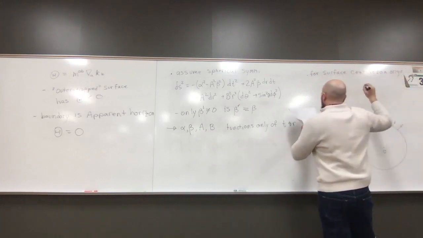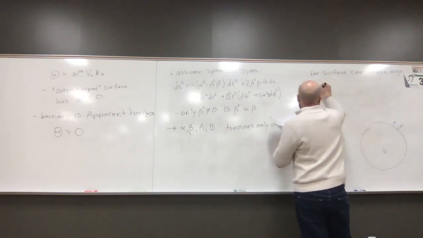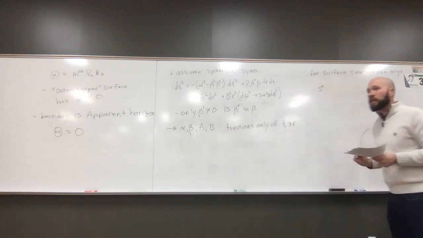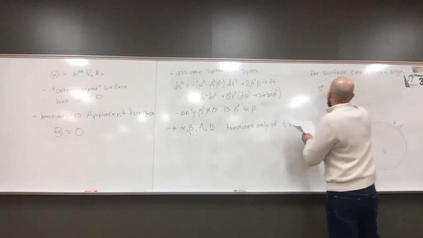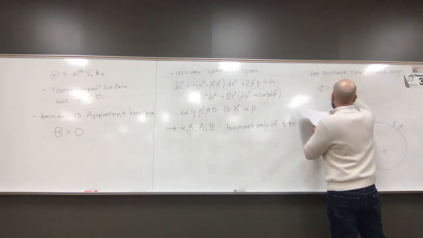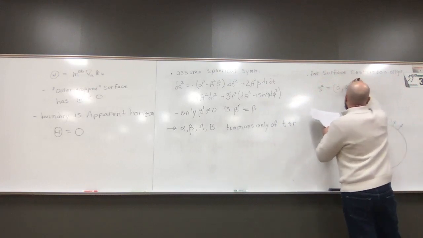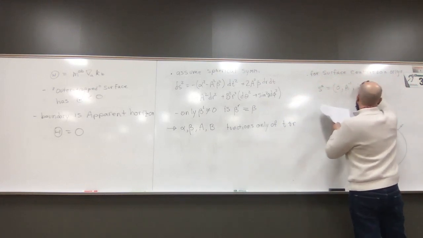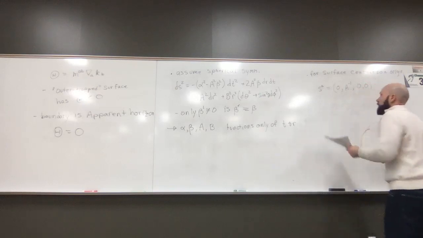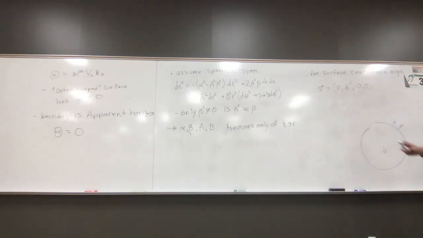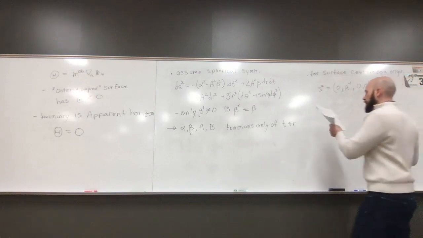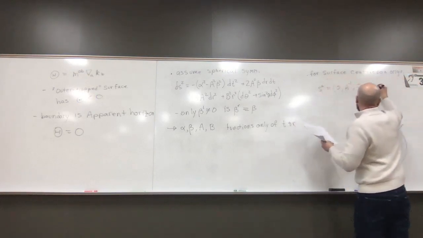Okay? In those cases, I can take the spatial norm, this S^A vector, which we've been working with, and I can deduce the components of that: 0 in the time slot, 1 over A in the radial slot, and 0, 0. That's my norm to that surface, right? It's kind of obvious. All right, and this is the spatial norm.